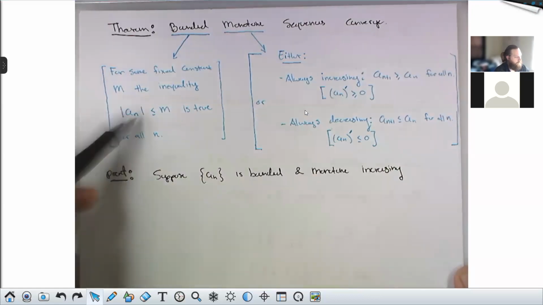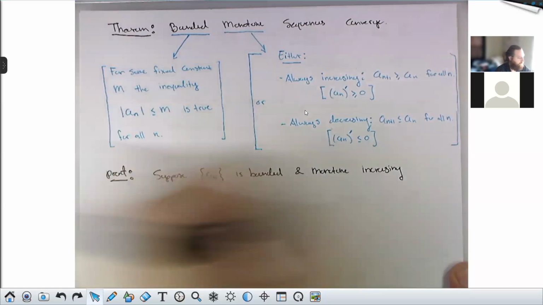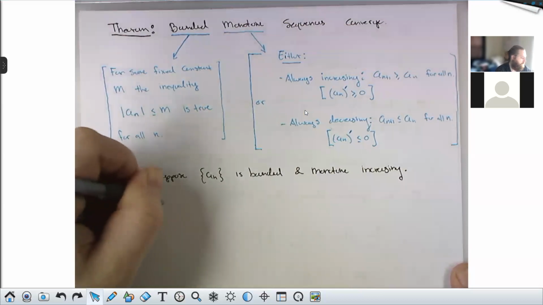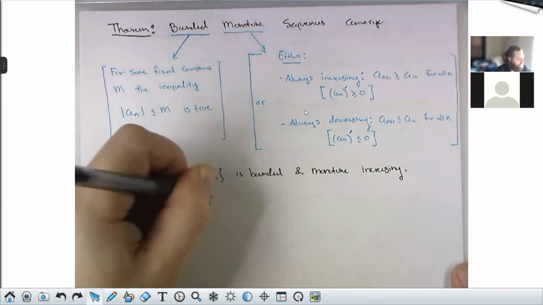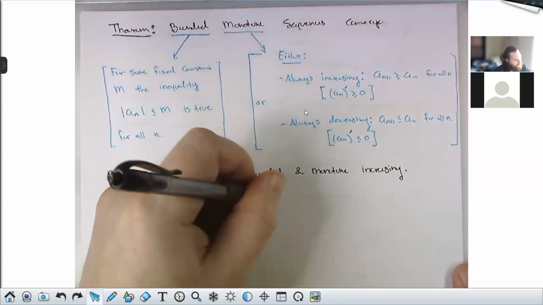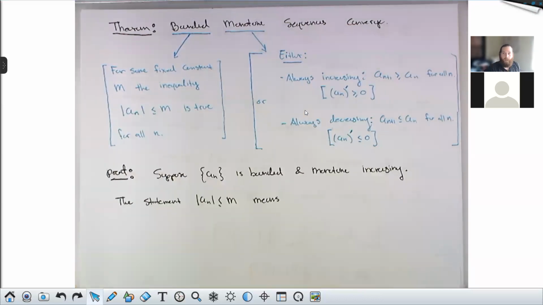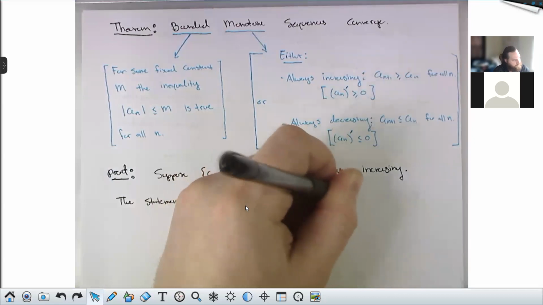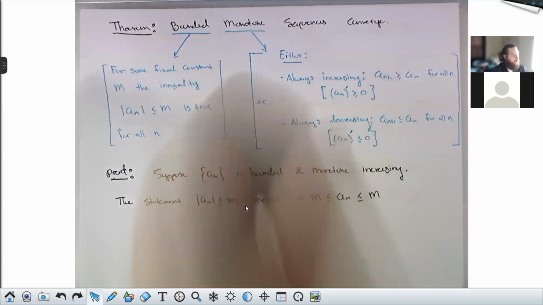The inequality absolute value of a_n is less than or equal to M means, the way you unpack these inequalities, the way you work with an inequality like this, where the absolute value of some stuff is less than some number, is by writing it as the negative of that number is less than or equal to that stuff is less than or equal to the positive version of that number.